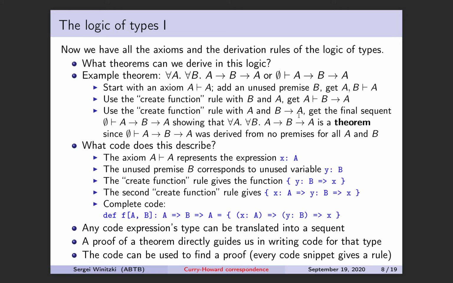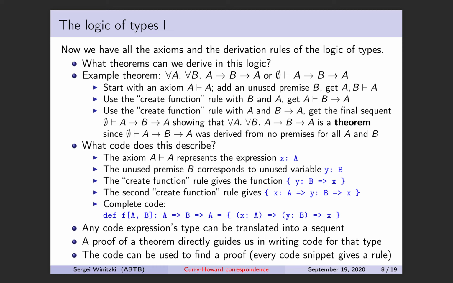So we see that a theorem in the logic corresponds to a function that we can implement. And this is by construction. We do not have any rules of derivation in this logic that do not correspond to some code snippets. So when we combine the rules of derivation in the logic, we combine the code snippets. And at the end, we will have a full, complete code of the given type.